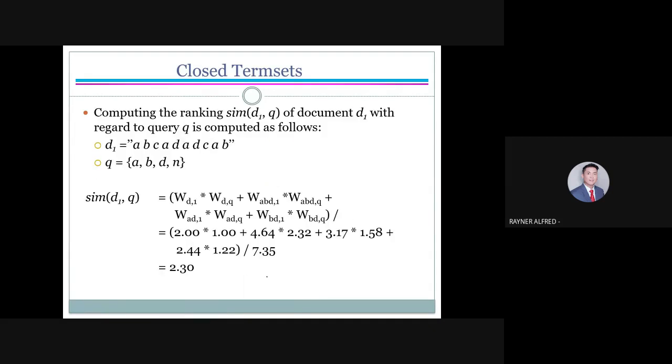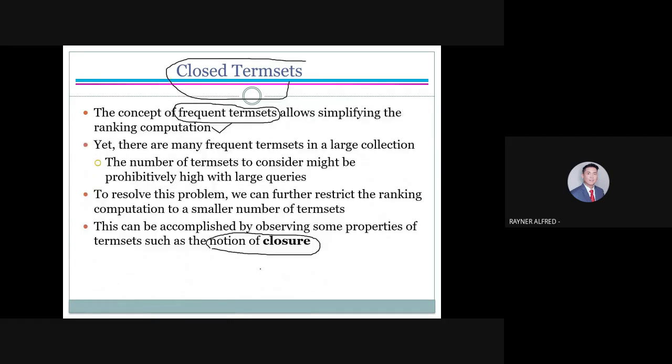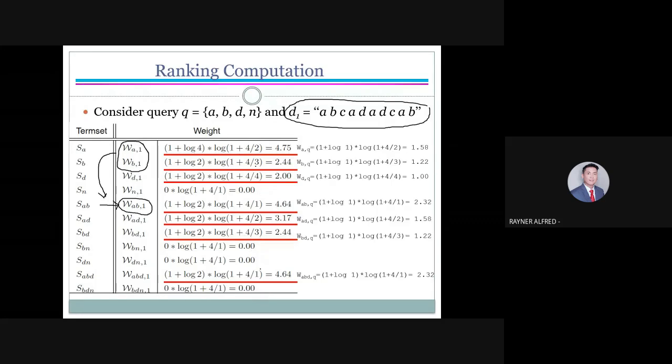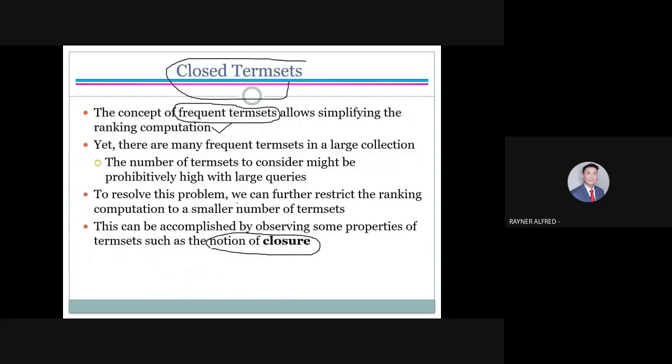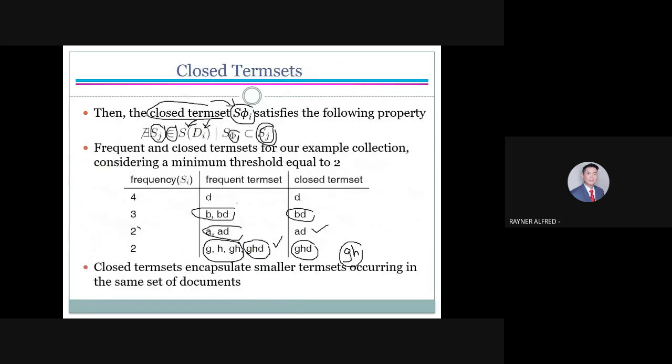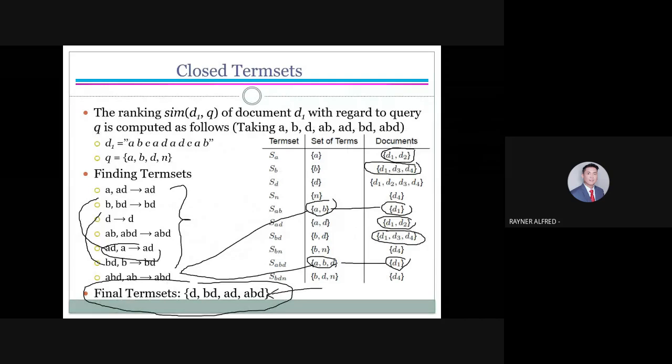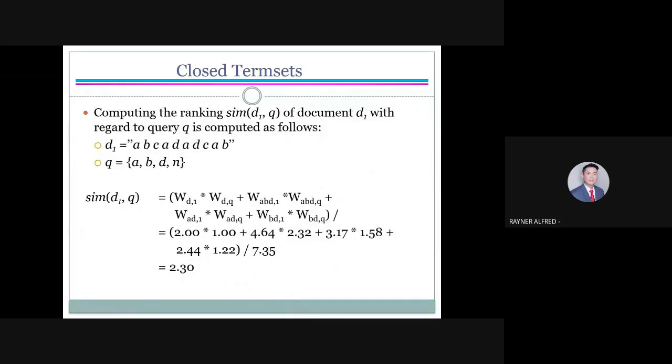So when we compute the ranking now, because in the previous one we did not consider any closed term set, we have 7 of them. We have to use 7 of them. When we eliminate some of the non-closed terms, we now only have 4, so we only multiply 4 of them.